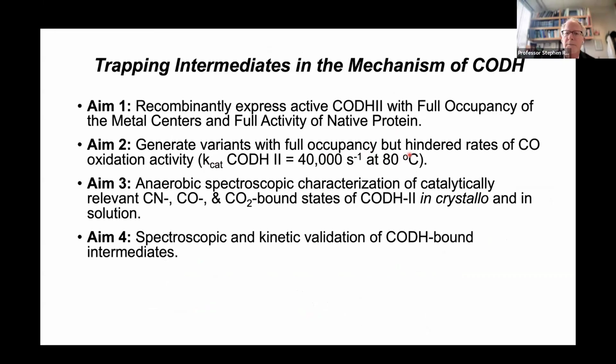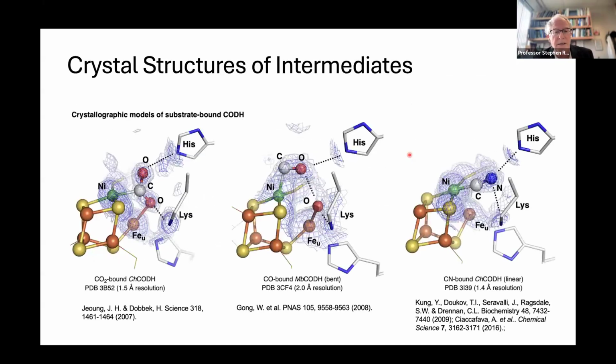That's really important because our rates, again, are too fast, and we want to have time to mix the protein with its substrates, and then anaerobically spectroscopically characterize the catalytically relevant bound states of CODH, both in crystallo and in solution. Then we use spectroscopic and kinetic methods to validate these intermediates.